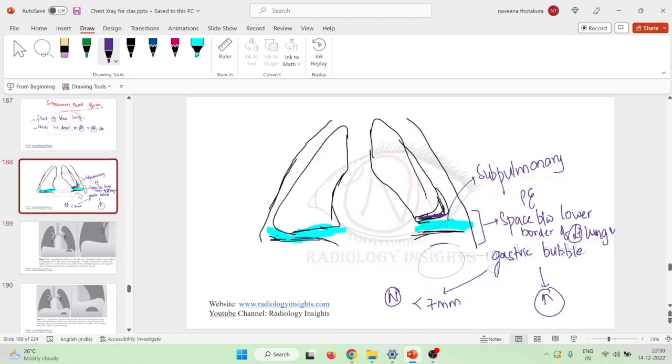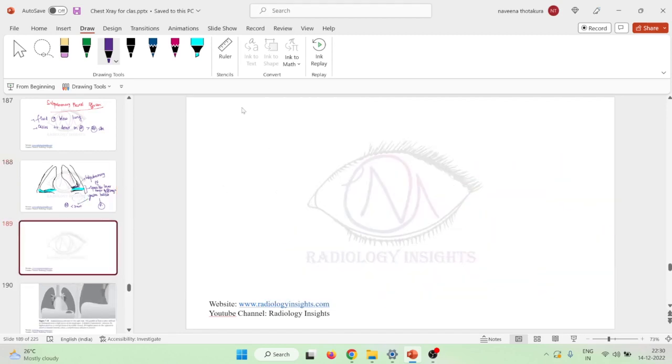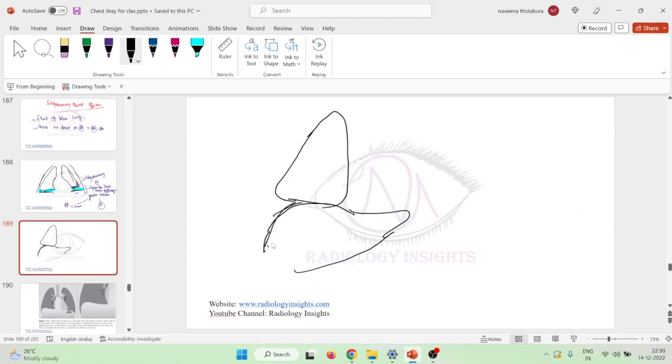But one way to distinguish on the right side is this: if there is a lung here on the right side, the dome of the diaphragm will normally be like this, because of the liver. But if there is subpulmonary pleural effusion, how does this look?